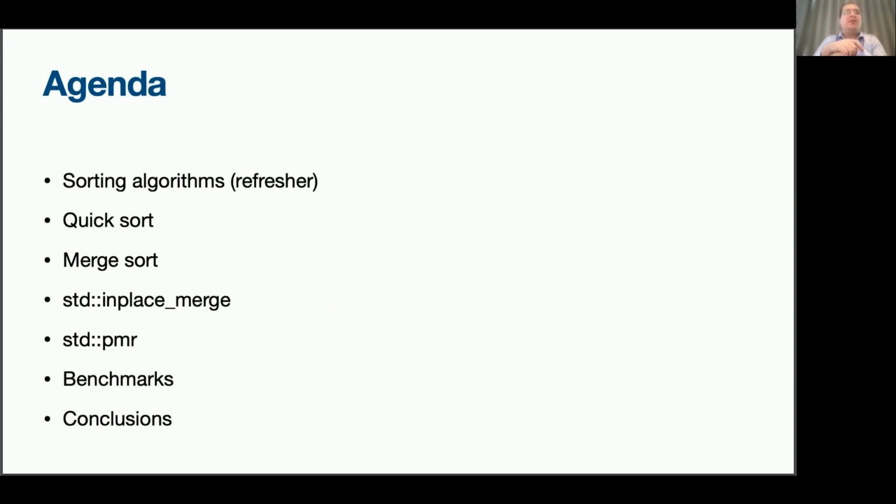So the agenda of our talk is as follows. I'll start with sorting algorithms. I'll refresh some basic facts about various sorting implementations, and I'll remind you of some famous algorithms and some ways to compare them. Mainly I'll speak about quick sort and merge sort, and I'll discuss in more detail the merge sort algorithm and mainly its implementation in canonical C++, which leverages the std::inplace_merge function of the std library.